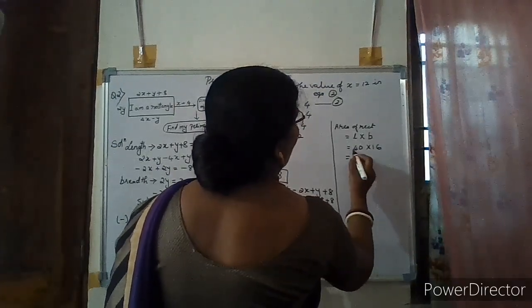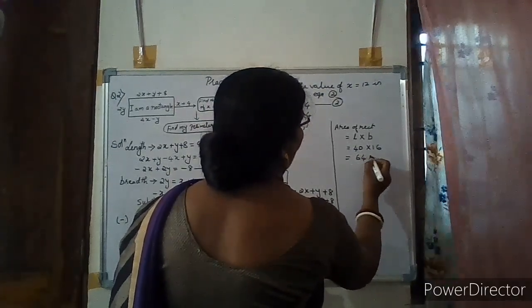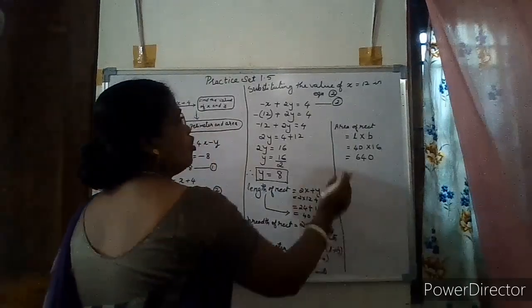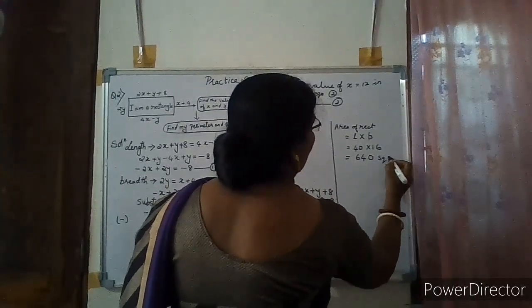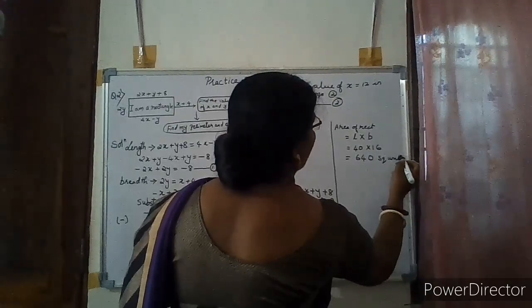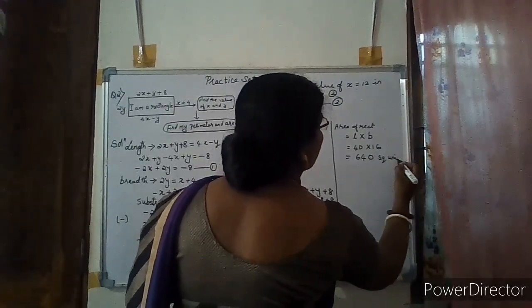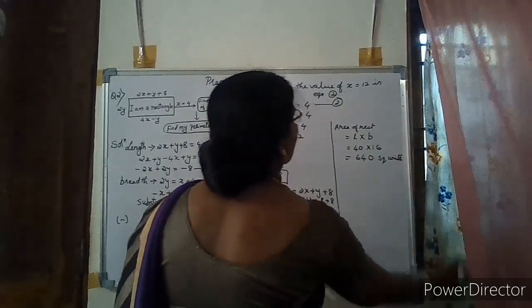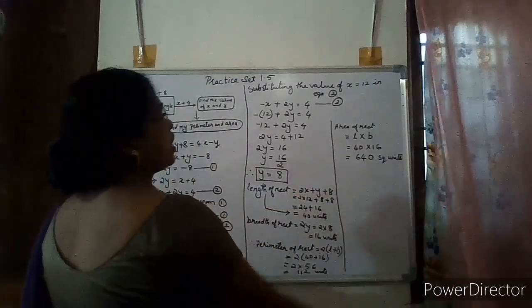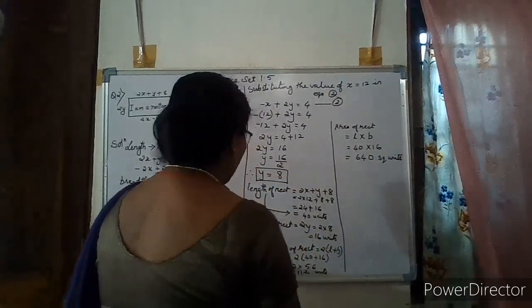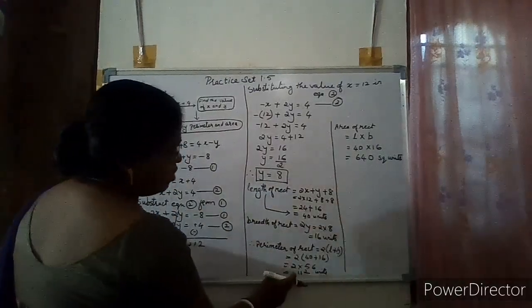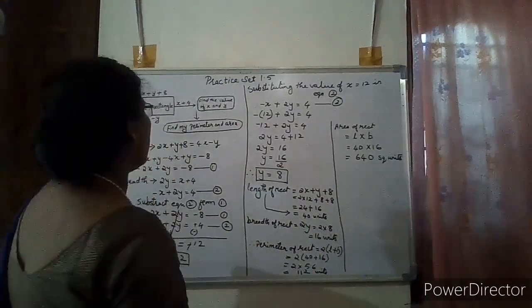So 16 fours are 64 and 0. Now it is square units, because area we represent by square units. Therefore area of rectangle is 640 square units. Perimeter of the rectangle is 112 units.